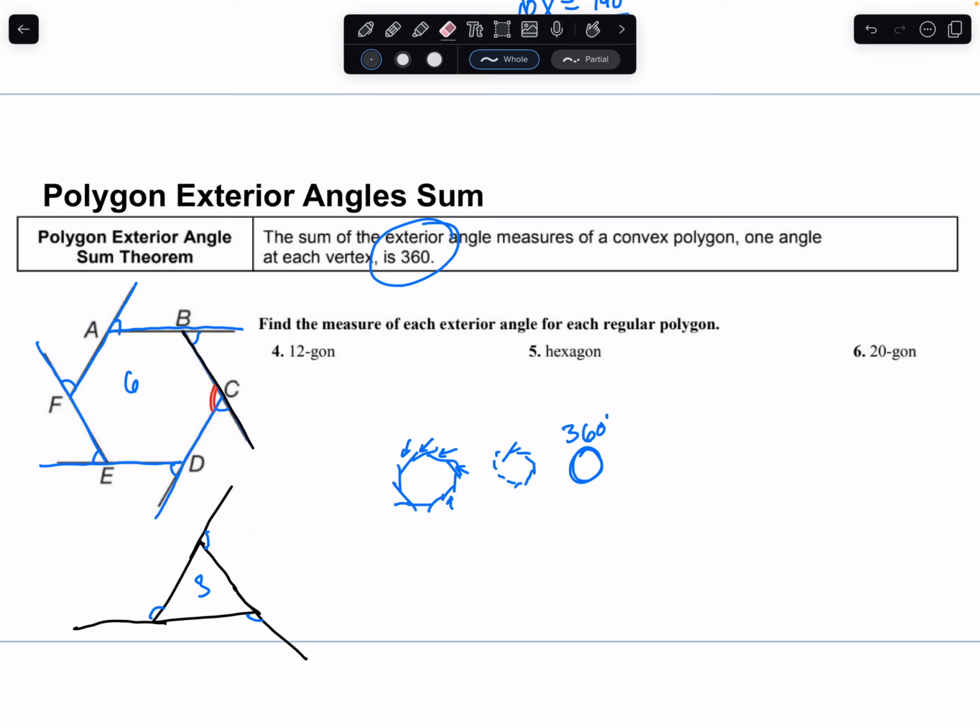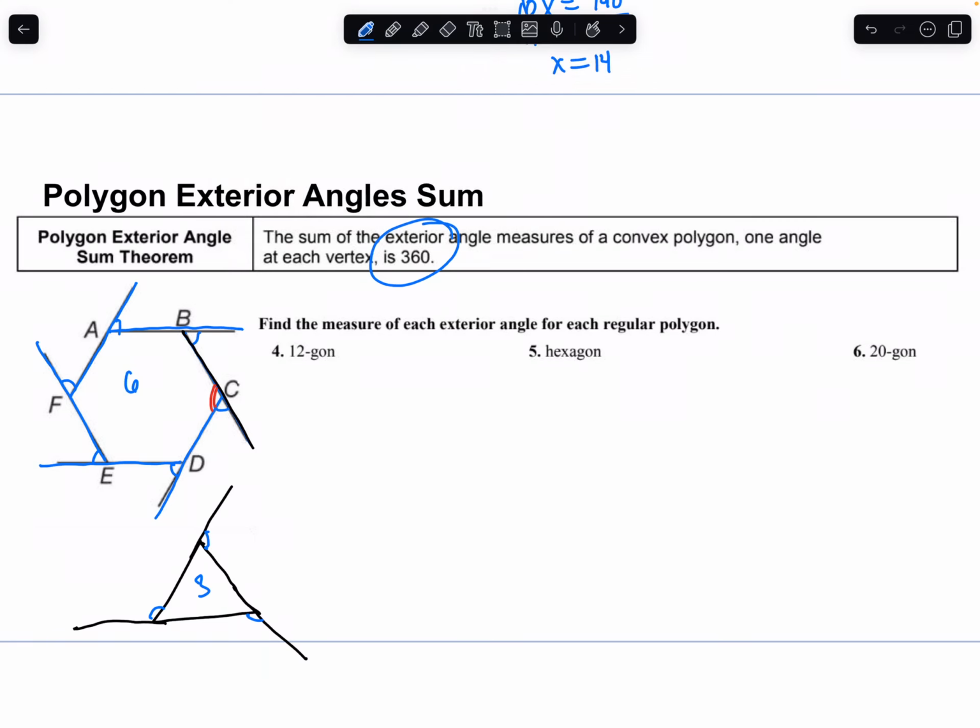So how do we use this? Well, let's calculate the exterior angle of one side for different types of polygons. So here we have a 12-gon, right?